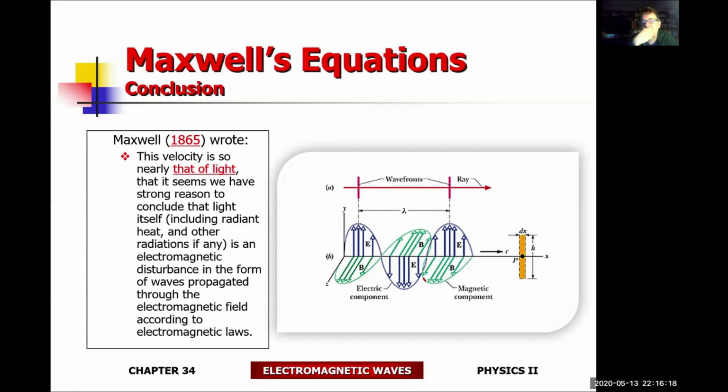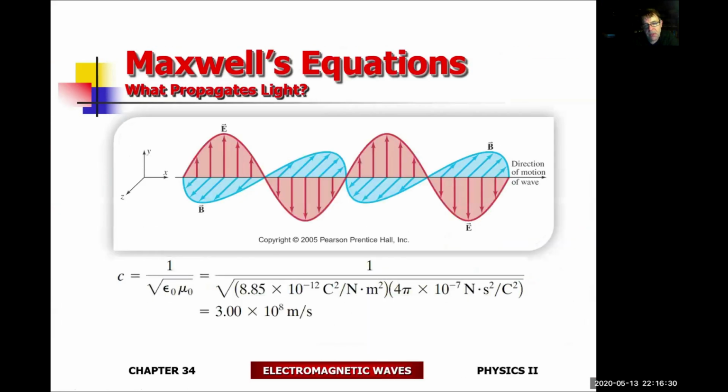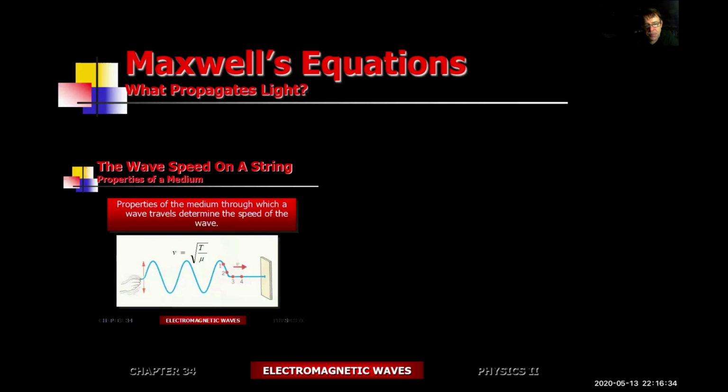So that was the reason Einstein asked, what if that point is also moving at the speed of light? Would that mean that light is still going to travel at the speed of light relative to that point? That becomes the foundation of special relativity.